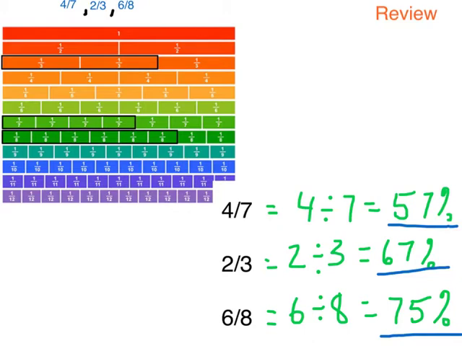Now that you know that a fraction is a division question, you could simply take your fraction, divide the numerator by the denominator, so the top number by the bottom number, times 100. Don't forget that part. And then you get a percentage. And once you have your percentages, it's real easy to put them in order. The smallest percentage is the smallest fraction, and the largest percentage is the largest fraction.